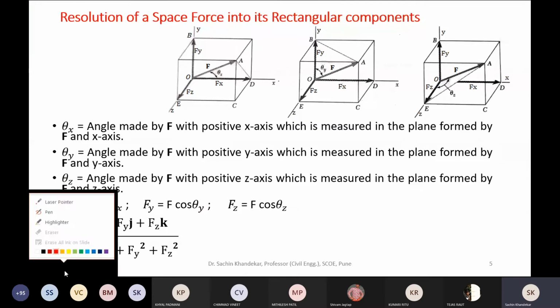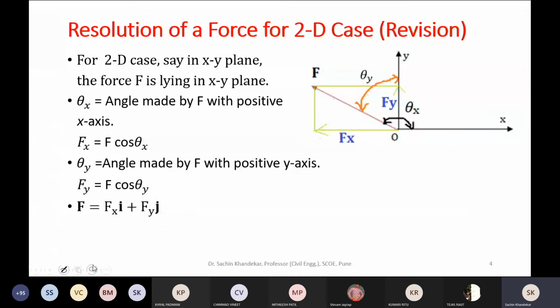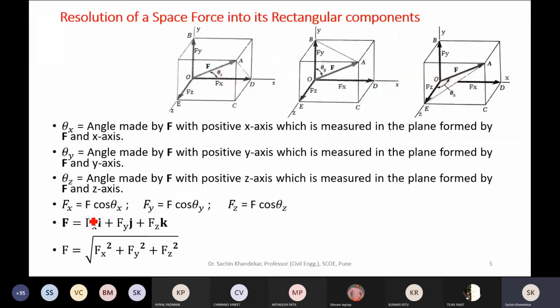Right. So coming back to the discussion. Similar to the two-dimensional case, I'm expressing any force as a force vector Fxi plus Fyj plus Fzk, where i, j, k are the unit vectors along x-axis, y-axis, and z-axis. And hence, what about the magnitude? If I know the components along x-axis, y-axis, and z-axis, I can find out the magnitude of that force vector using this particular formula.